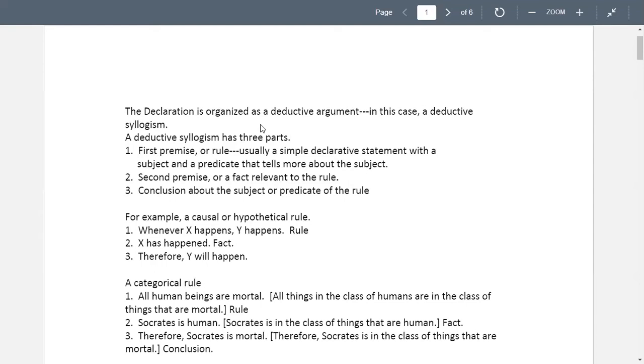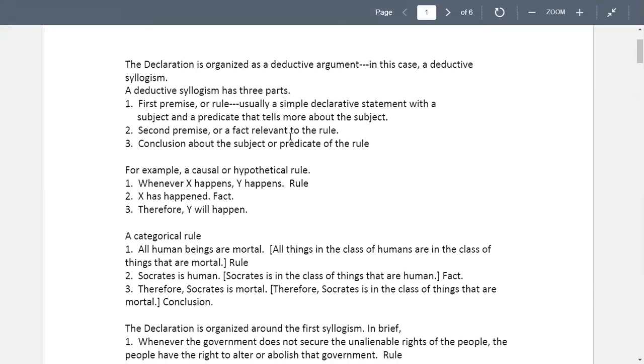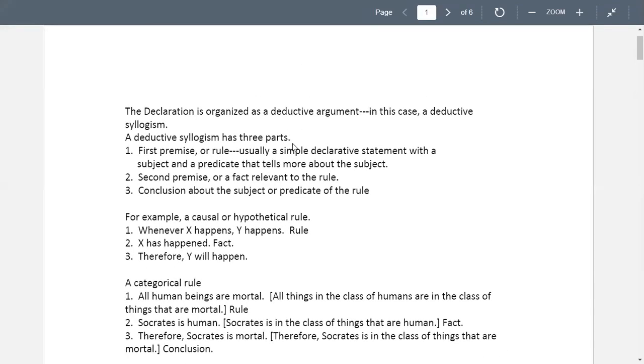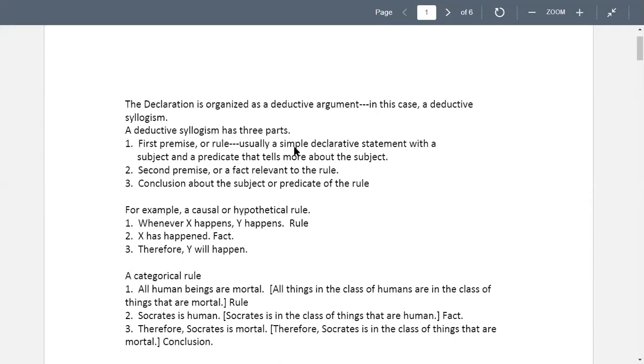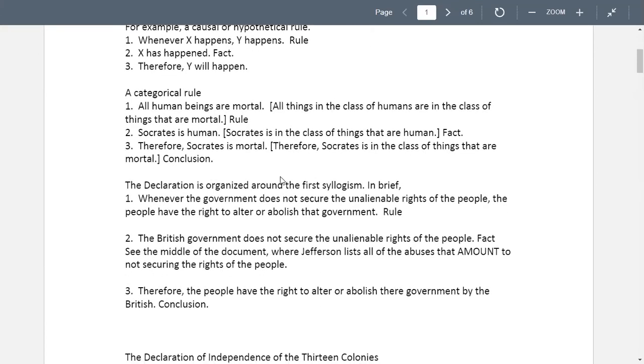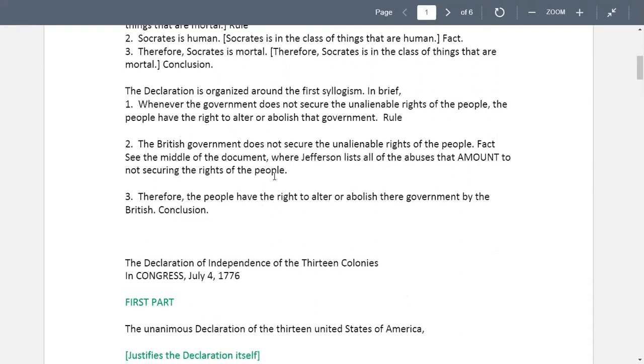He wasn't what we call a Romantic thinker. And then you'd have the facts that have to back up the conclusion you're going to make about the why and the when of breaking free from a sovereign rule.